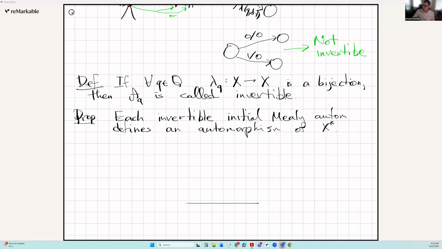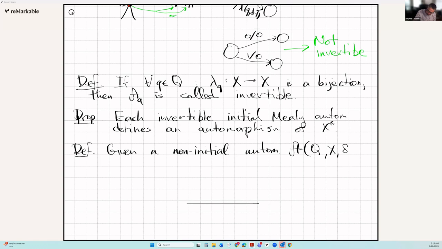What is a group, which is either an automaton group or a self-similar group? Okay, so definition. Given a non-initial automaton, let's call it A, which is (Q, X, delta, lambda).